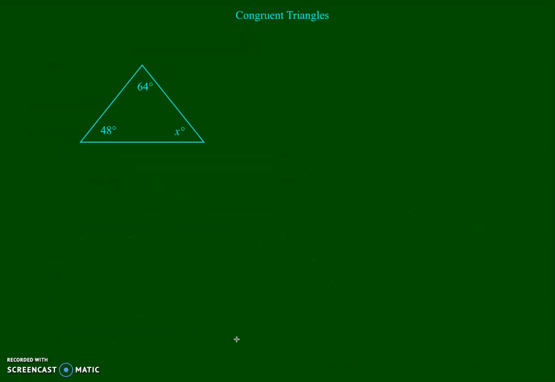So in this example, we have a triangle with angles 48 and 64, and we're looking for this angle. Well, using the triangle sum theorem, since all these angles add up to 180, we have 48 plus 64 plus x equals 180.